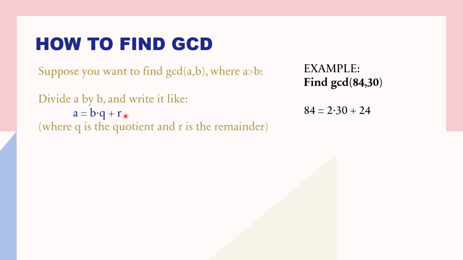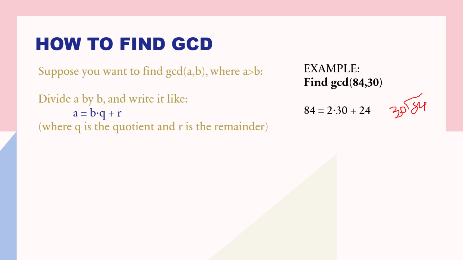We'll take a look at it with an example. We take the same numbers, 84 and 30, right? So 84 is A and 30 is B. The reason we say A should be greater than B is that we are going to divide A by B. So you write 84 inside and 30 outside.